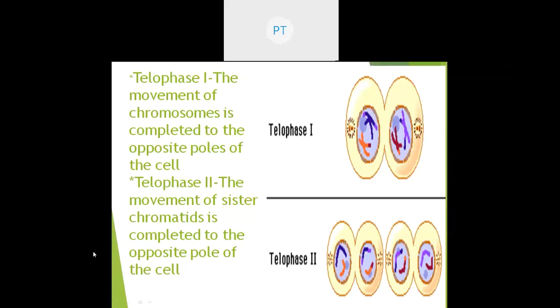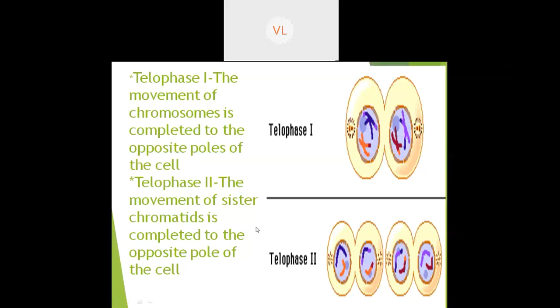Ma'am, repeat. Okay, so in telophase 1, let me just recall back. In telophase 1, what happens? The movement of these chromosomes, right? These chromosomes will move to the opposite sides, to both of the opposite sides.